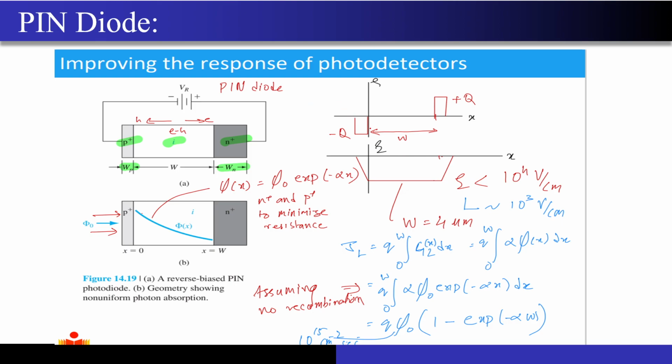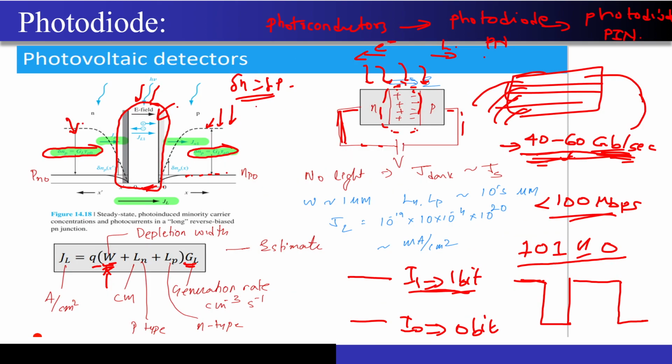One thing we have is, if I am able to generate electron hole pairs in the region which has a very large electric field, then that will respond immediately to the changes in the intensity of the light that I am applying on top of the photodiode, correct?